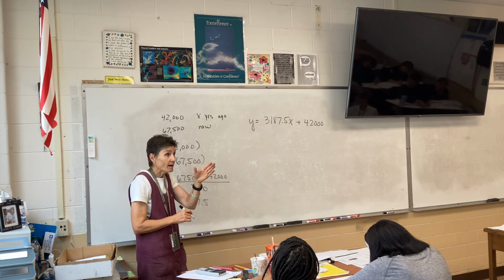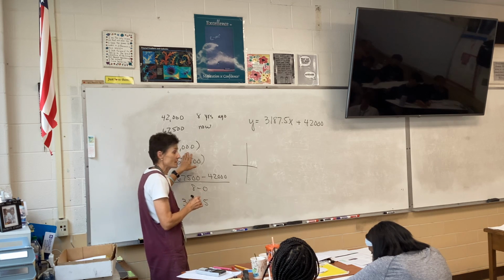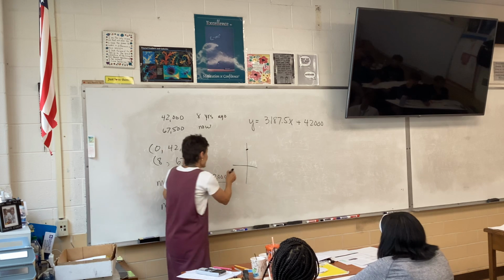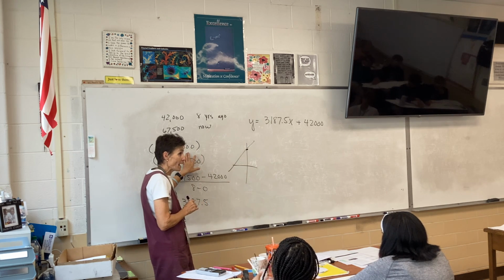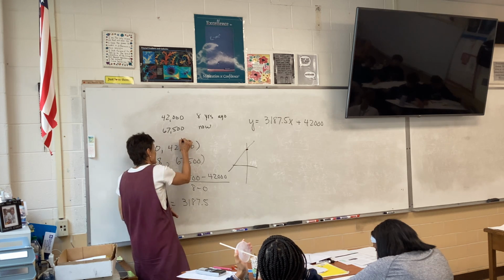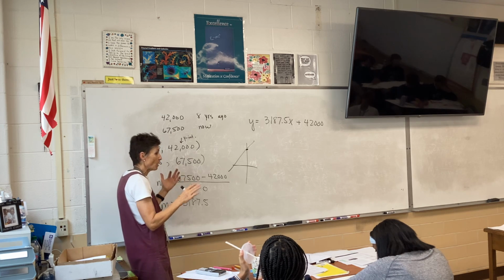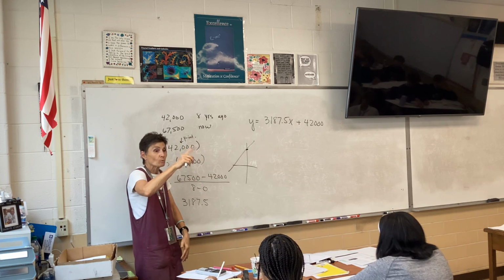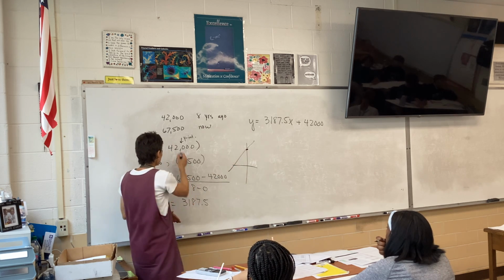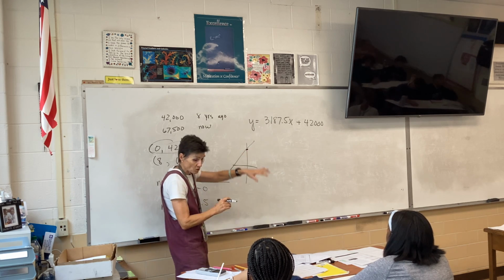Exactly, because if you plot the point 0, 42,000, isn't it on the y-axis? So that is the point where I'm going to cross the y-axis. So when you have 0, comma, this is always, as Meg said, the y-intercept. Now, if you wrote it out, y minus y equals m, x minus x, it's going to come out that way. But if you're paying attention, you can save some time. That's your y-intercept. So there's my equation.